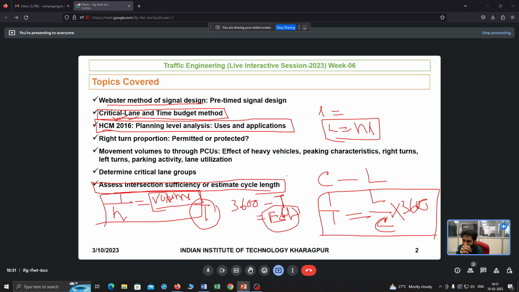So each and every factor will come into account in this operational analysis, right? In general operational analysis may not be that complicated, but according to this HCM 2016, it is not very straightforward. There are some complications involved in this kind of operational analysis, right?